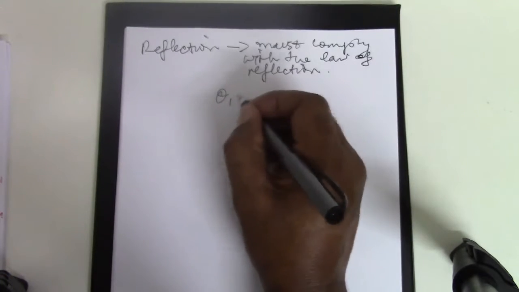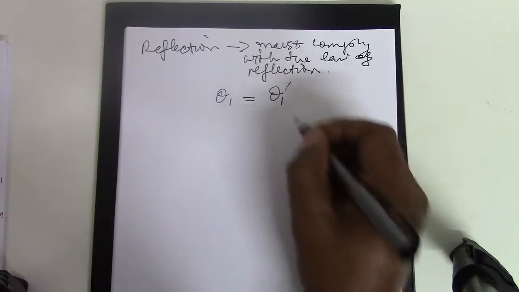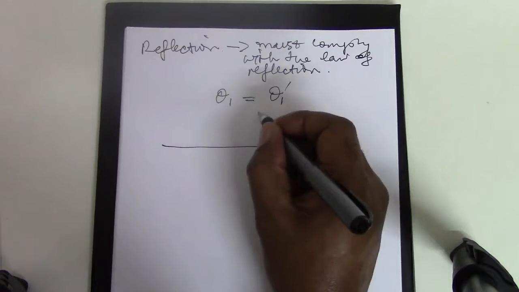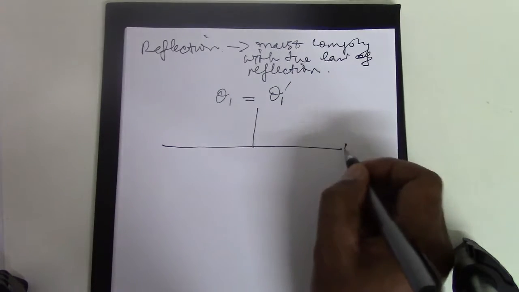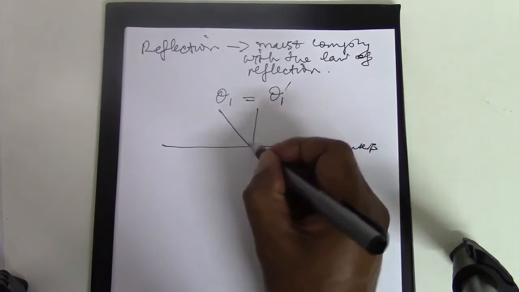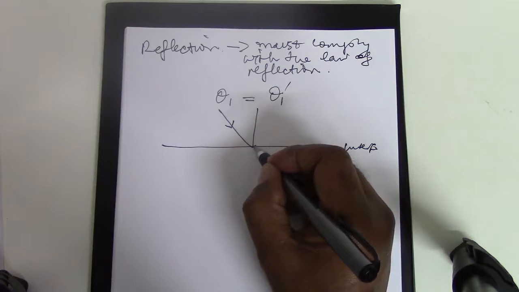Theta 1 always equals theta 1 prime. Right. In other words, here we are. This is the interface. The incident ray reflects at the point of incidence here.